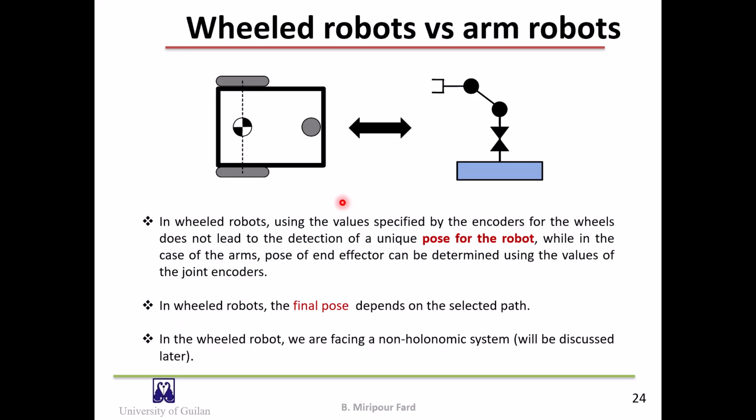In wheeled robots, the final pose depends on the selected path. And in the wheeled robot, we are facing a non-holonomic system. We will discuss this later.